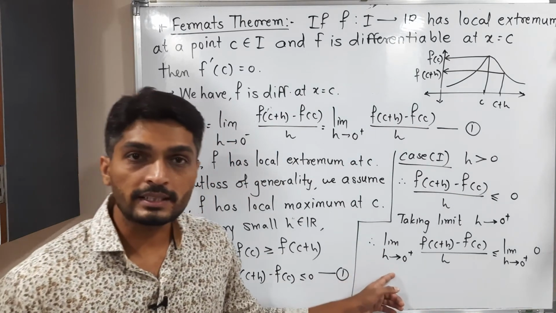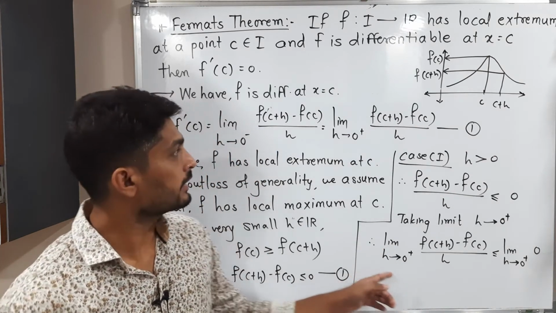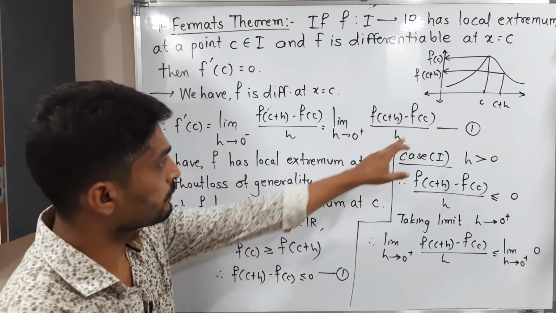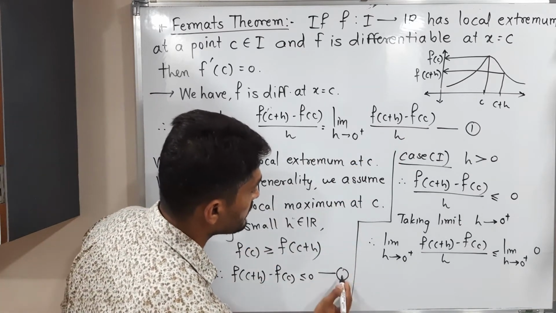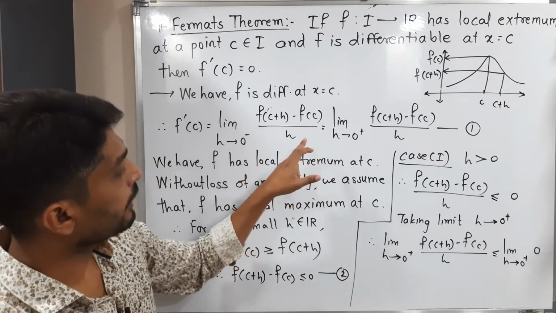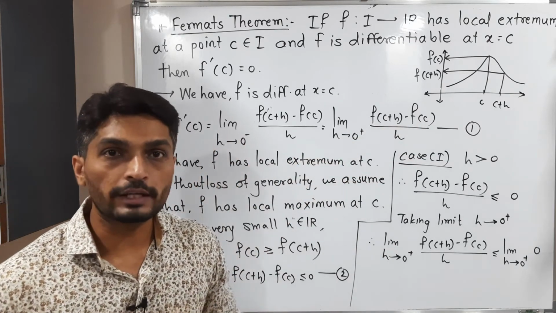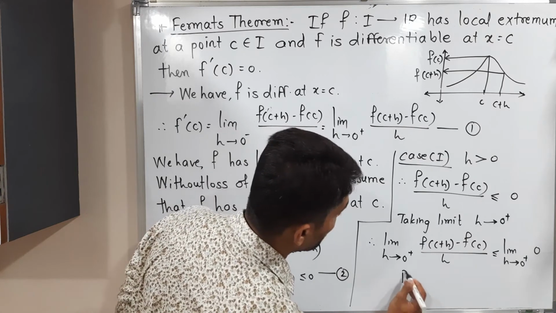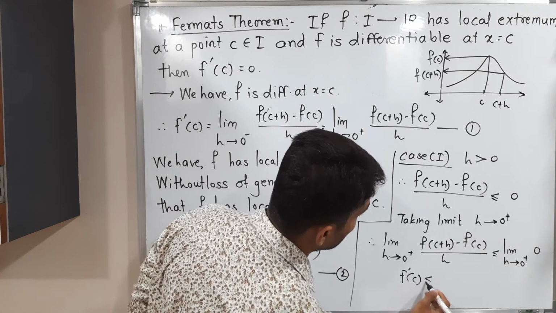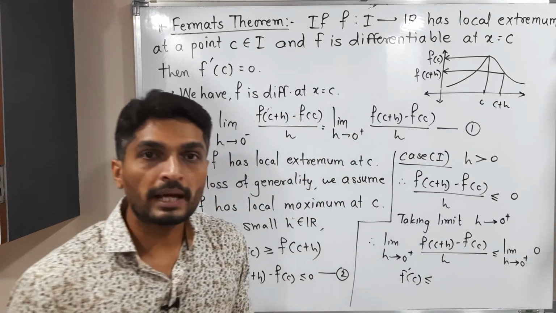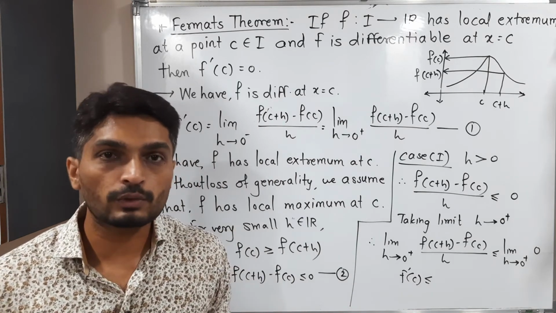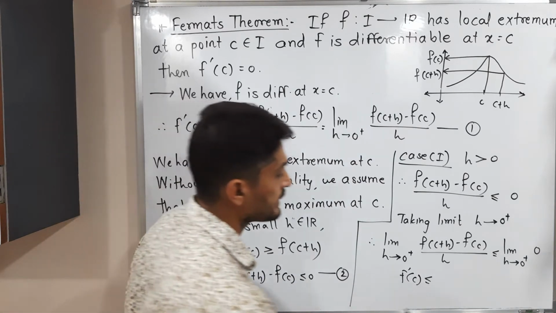Have you seen it anywhere? Yes, definitely. In equation number 1, we have already mentioned what its value is. Its value is f dash of c. So what can we write? f dash of c is less than or equal to 0, since if you apply any kind of limit to 0, you will always have 0.